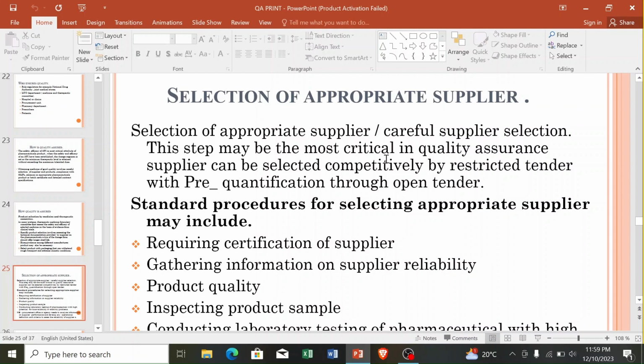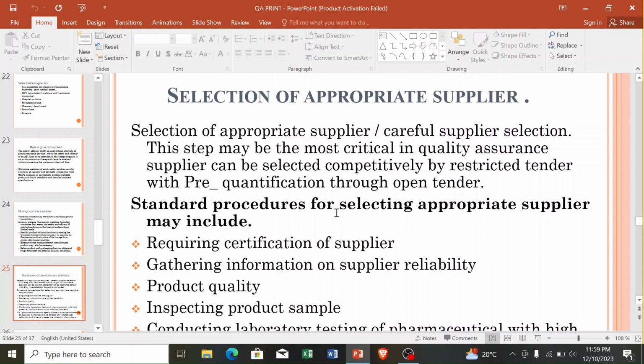This step may be the most critical in quality assurance. A supplier can be selected competitively by restricted tender with a pre-qualification, or through open tender. Okay, these are the different methods of procurement. We have restricted tender and open tender and other methods of procurement.